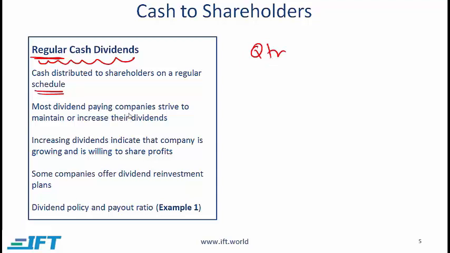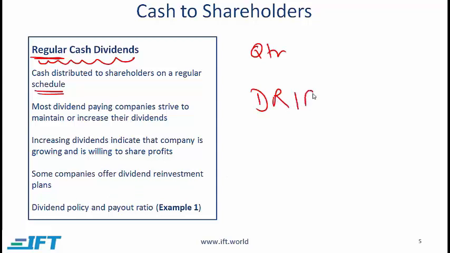Most dividend-paying companies strive to maintain or increase their dividends. Increasing dividends indicates that a company is growing and is willing to share profits, and generally this is taken as a positive signal. Some companies offer dividend reinvestment plans.